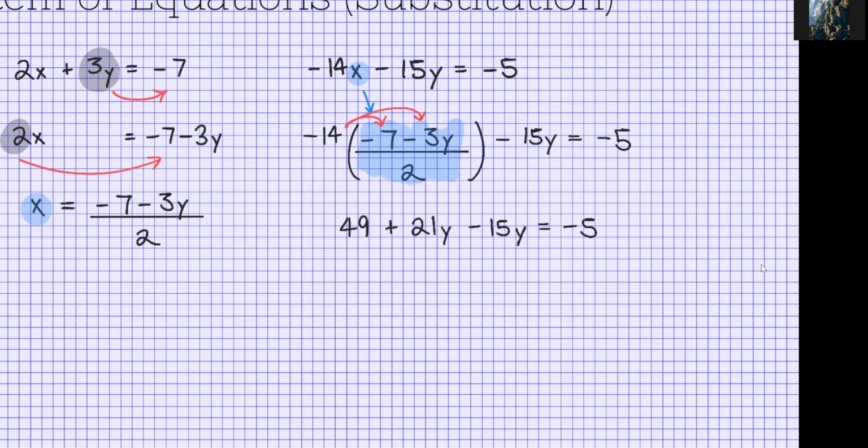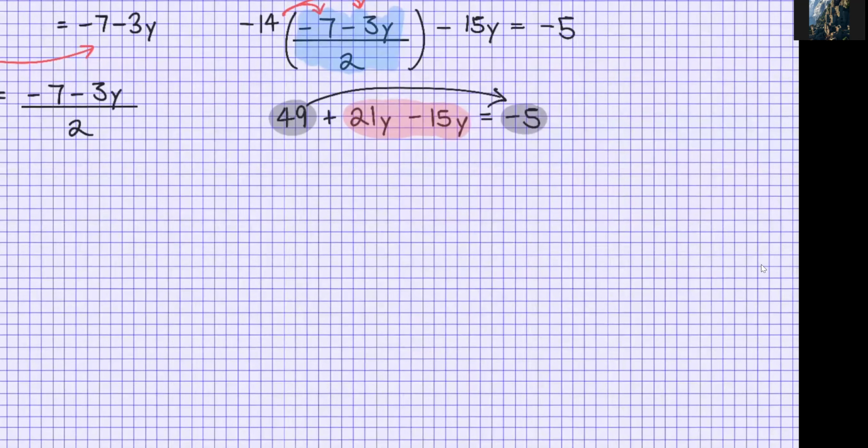So now it's a matter of putting the variables together and the numbers together. So this 49 will have to go to the other side, subtracting. So I have that 21y minus 15y is 6y.